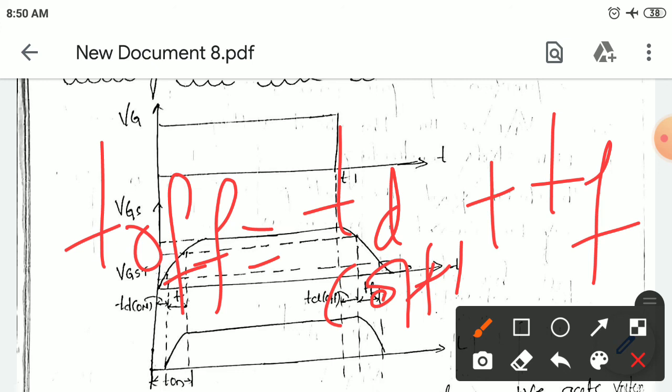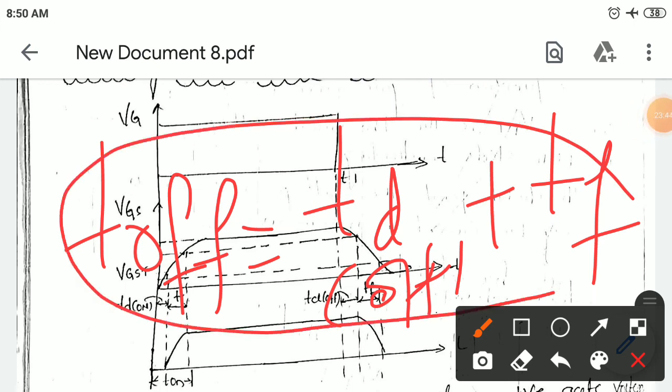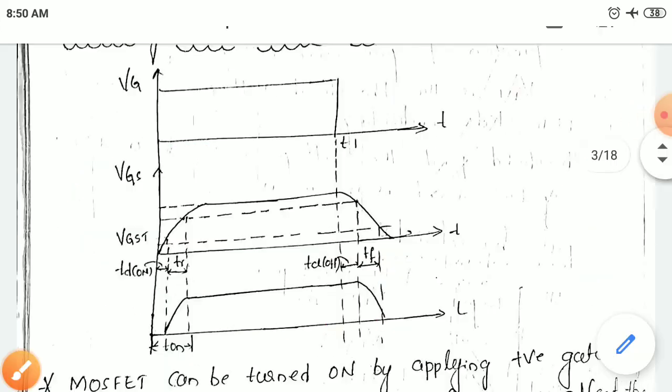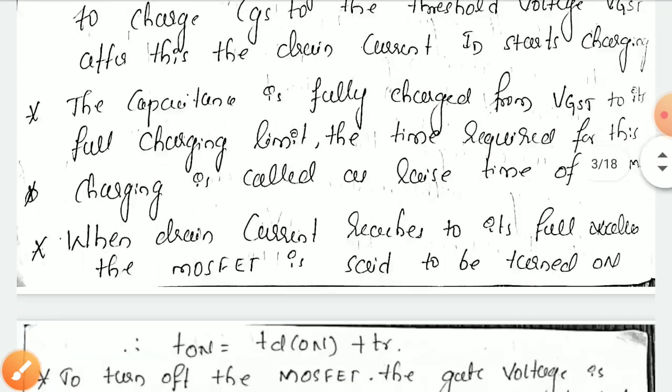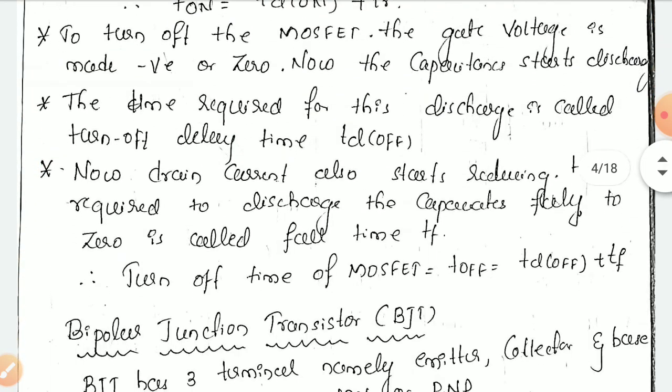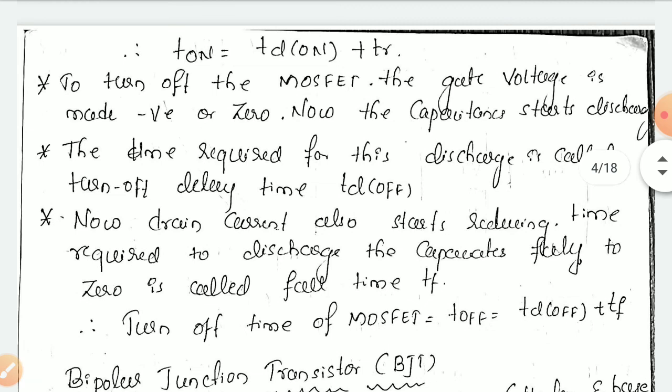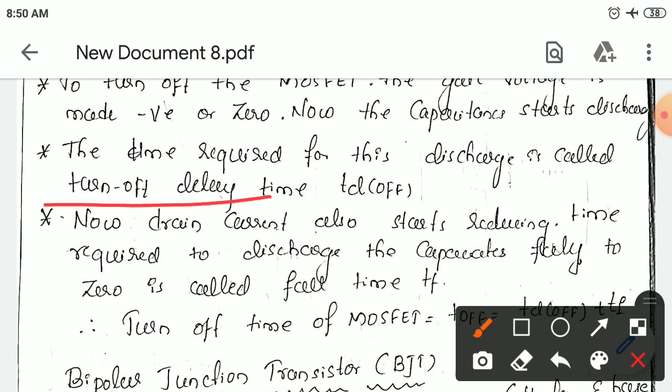That means the off time of the MOSFET is a sum of delay time plus fall time. That is the turn off characteristics of the MOSFET. The time required for this discharge is called the turn off delay. The time required to charge is the turn on delay. The time taken to discharge is the turn off delay, that is TD off.